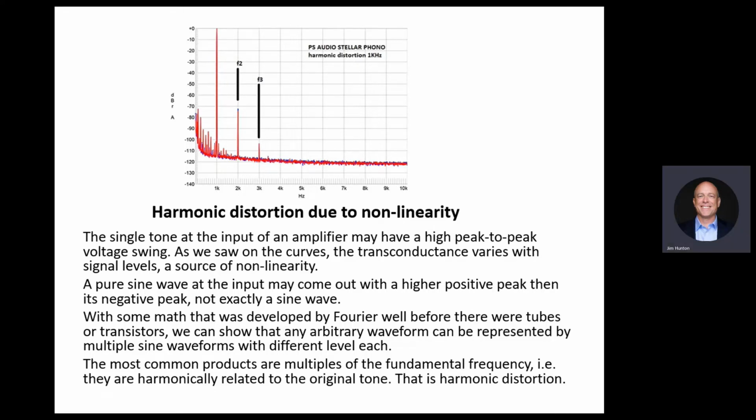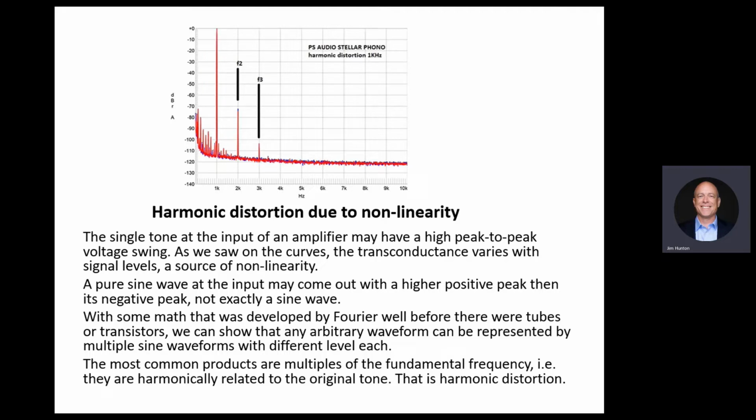An amplifier is not ideal because it's not linear. Like we looked at those curves, we saw that it's not linear. It generates other things because the waveform on the output is not a sine wave. It's something else.